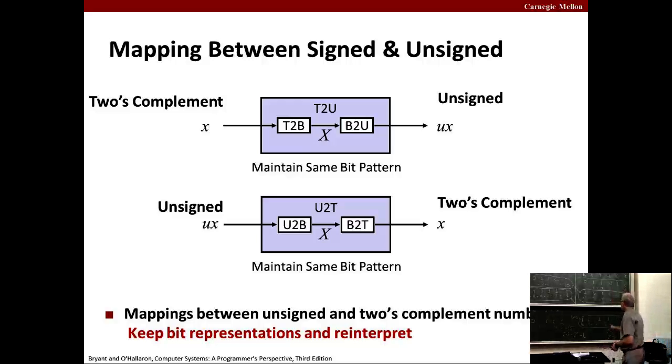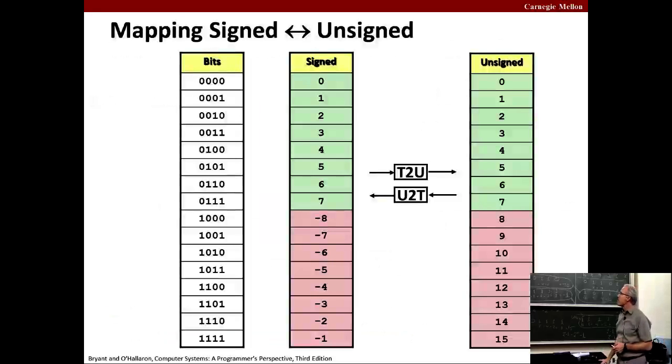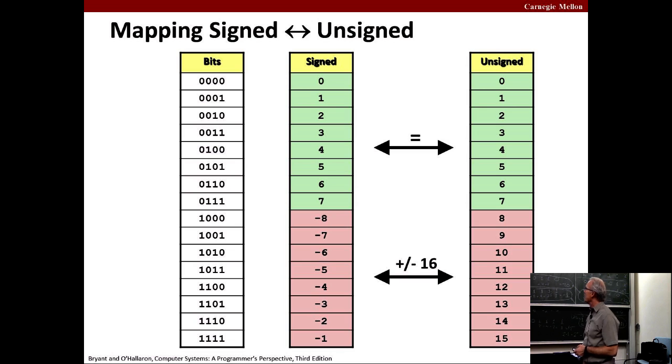And similarly, we can go back and forth between 2's complement and unsigned, keeping the bit patterns the same. I'll call that t to u when I go from signed to unsigned, 2's complement to unsigned. And similarly, I'll call it u to t if I go from unsigned to signed. And as I mentioned, the difference for the numbers where the higher order bit is a 1 will be by a factor 2 to the w, where w is the word size.